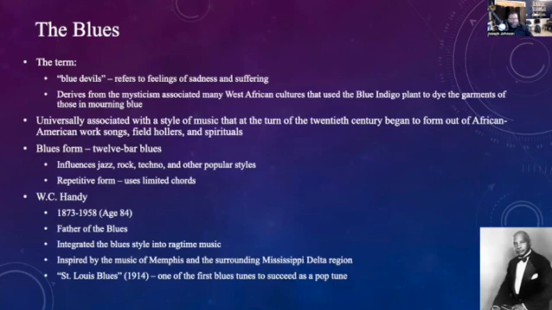It's called the blues, and usually these songs are about sad times, hardship, grief, and they take a lot of inspiration from African American work songs, field songs, spirituals. They have a very similar kind of sound and form.